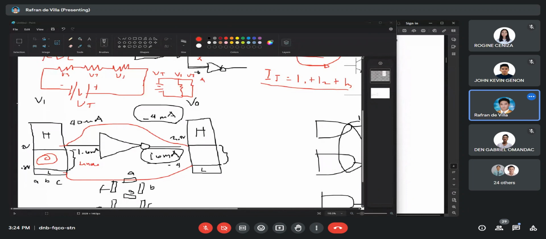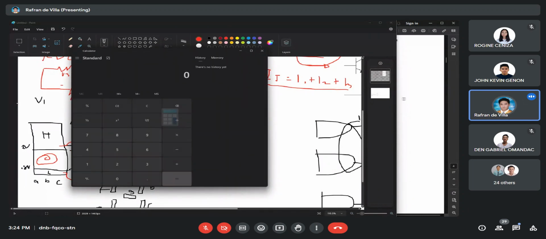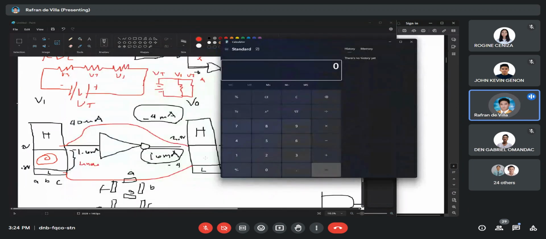Okay, so given that our output is 16 milliamps. How many inverter inputs can this 16 milliamps control? So we divide 16 by 1.6.